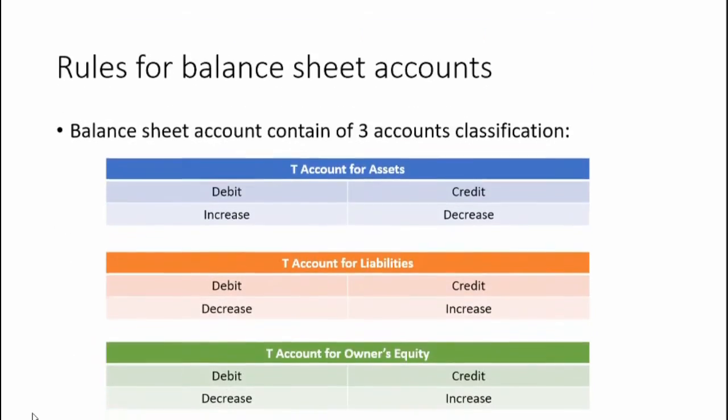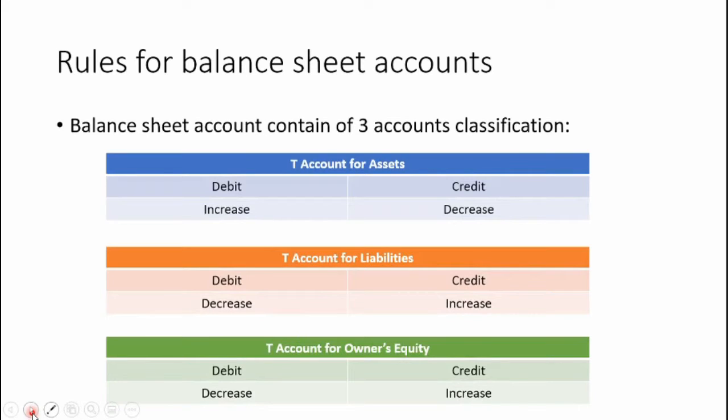So what are other example of rules of debit and credit? So to put it simple, rules of debit credit works in general according to the account's classification or the account's nature.